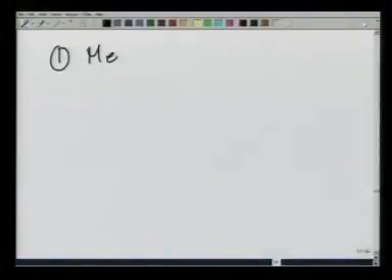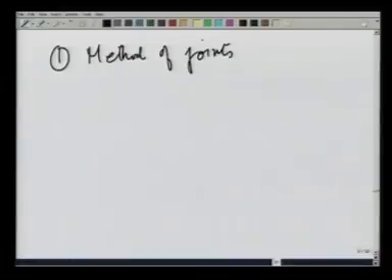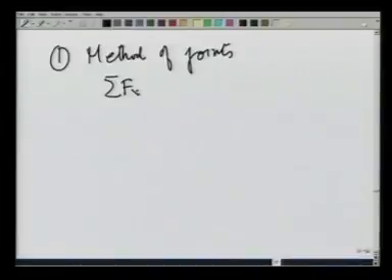So, we have learned two methods of analyzing forces in a truss. One is method of joints, where we take each pin joint and apply equilibrium conditions there. There is no torque involved there, because for each pin joint the torque due to forces passing through that joint are 0, and therefore, the only conditions we have are summation Fx equal to 0, summation Fy equal to 0.